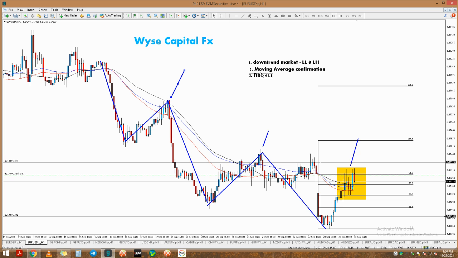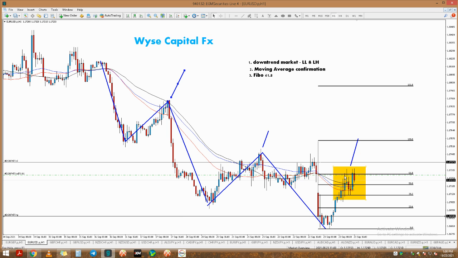Then we jump to candlesticks, which is reason 4. If you observe carefully at this area where I've put this yellow rectangle, we have a shooting star, a very strong candlestick with an extremely long upper wick, and then it gets confirmed with a strong bearish candlestick. This is a confirmation that price might go down.